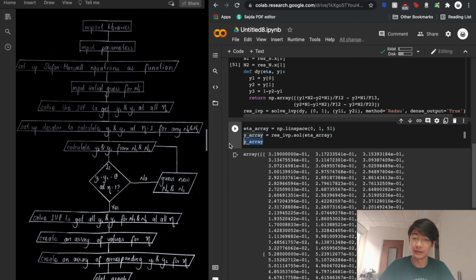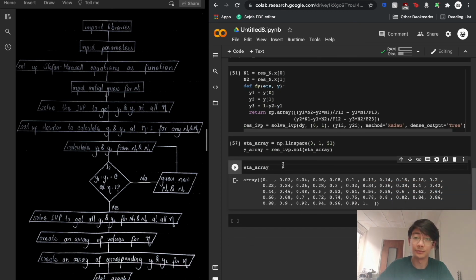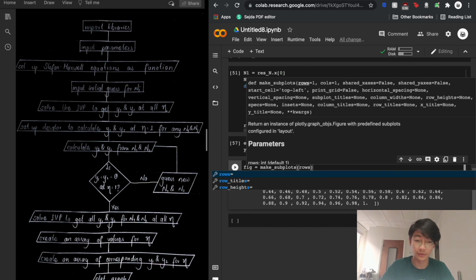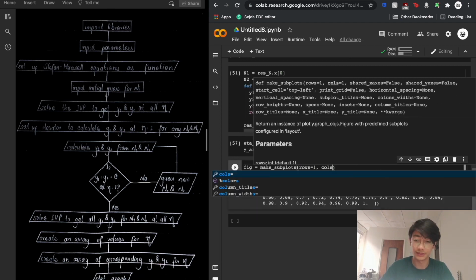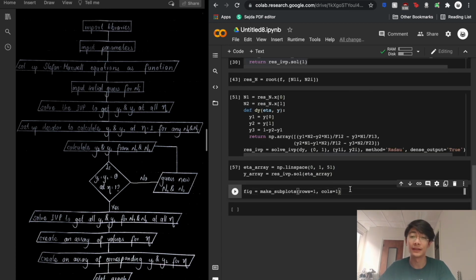So all that's left to do now, since we have all the values we need, is to plot this out. So we're going to create a figure, fig equals make underscore subplots, where rows equals 1 and columns equals 1. What this basically does is create a 1 by 1 graph.